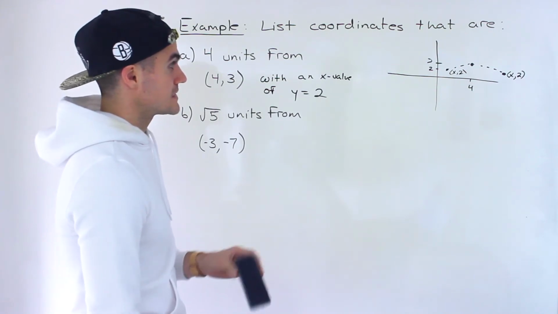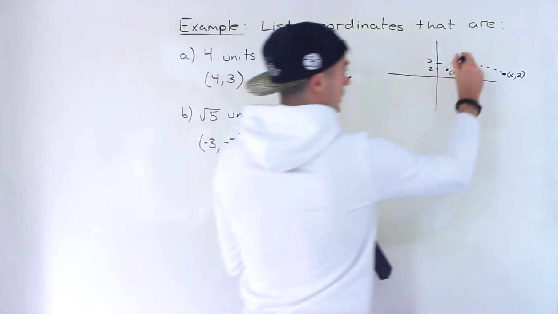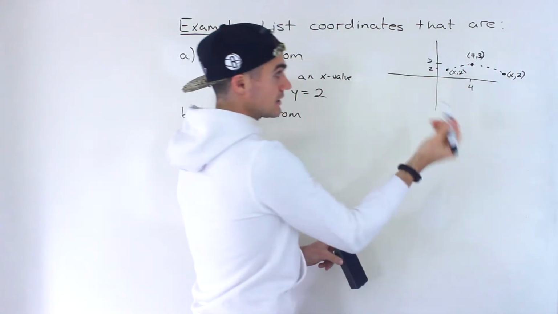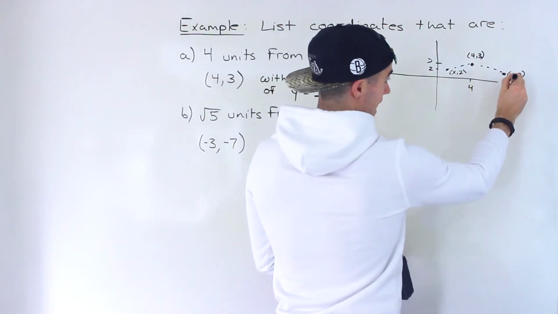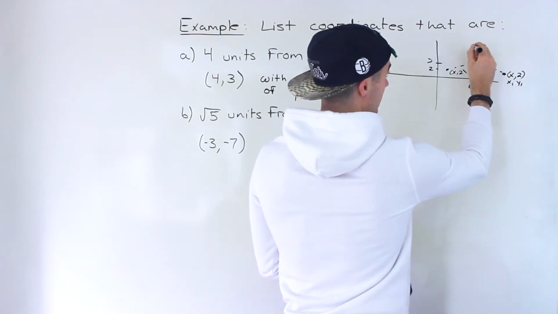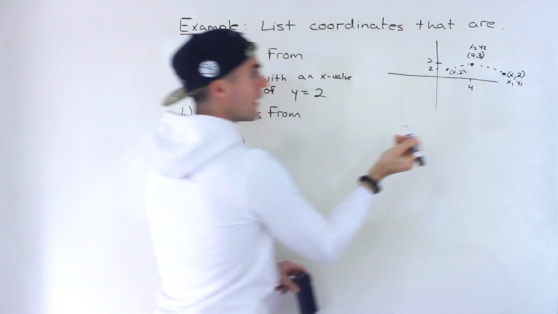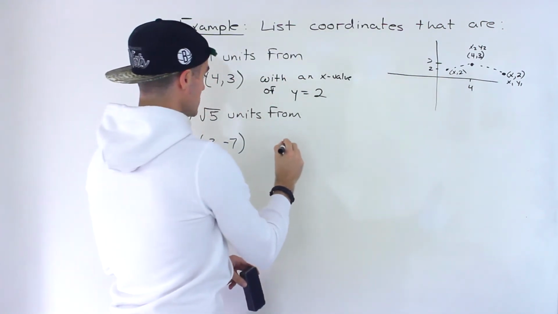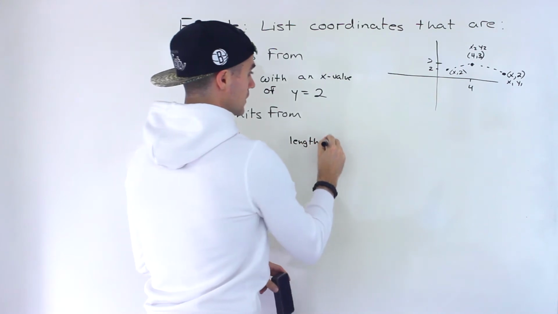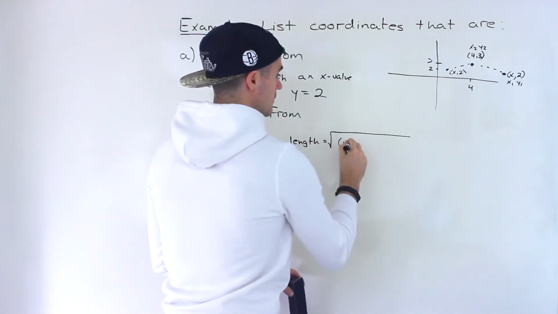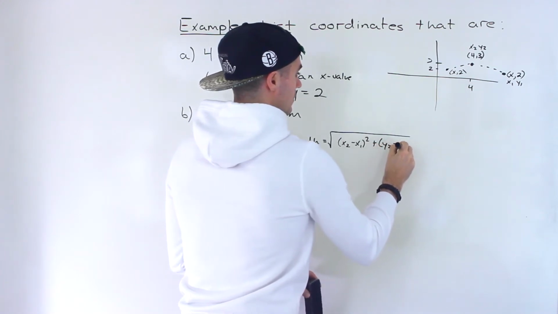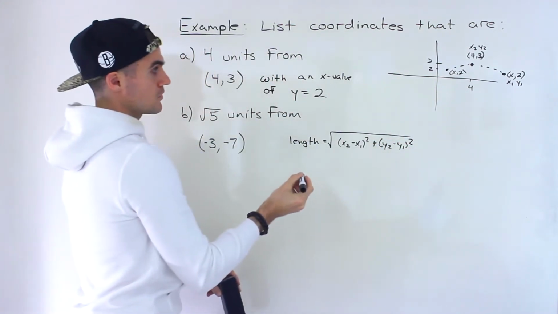So same thing, you would use the length formula. It's just this x and 2. Let's label this x1, y1. This will be x2, y2, like that. So using that length formula, let's rewrite it. Well, it's going to be the same process.